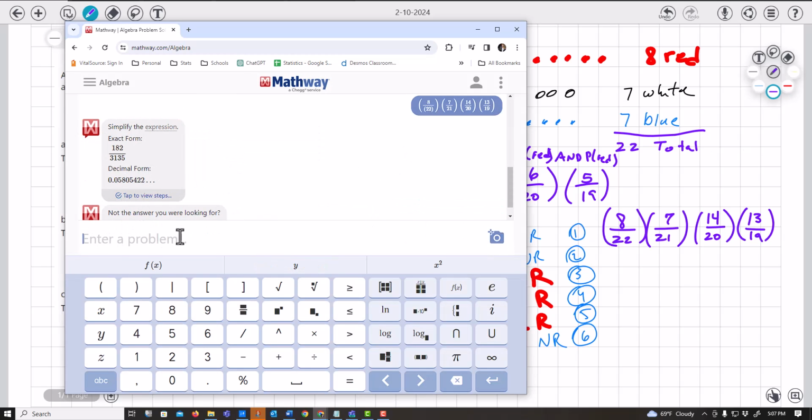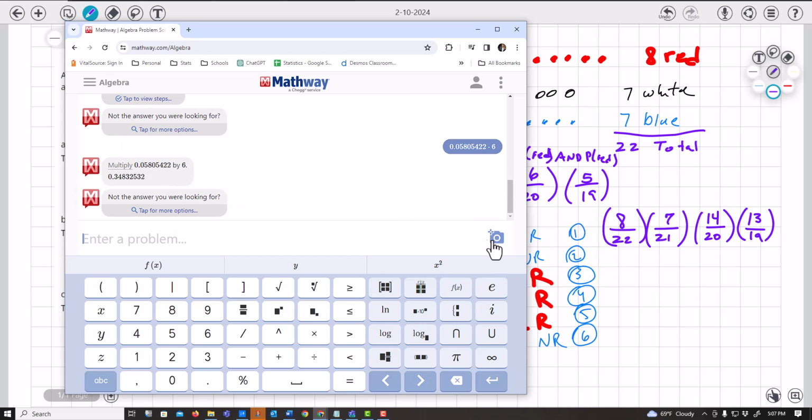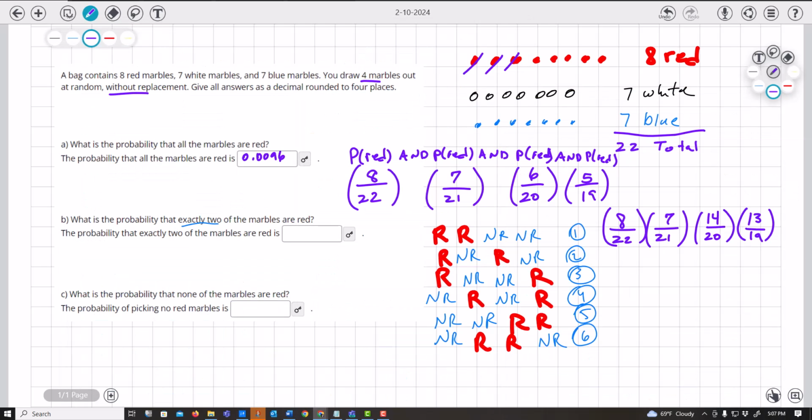And you could either add these 6 times, or you could simply take that value and multiply it by 6, and that would give you this probability, which is 0.3483. All right, so this one's tricky because you have to recognize, well, maybe you didn't get the red one until the last 2 tries, right? And so that's why you have to do this.